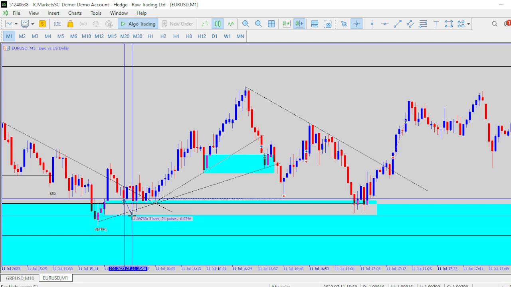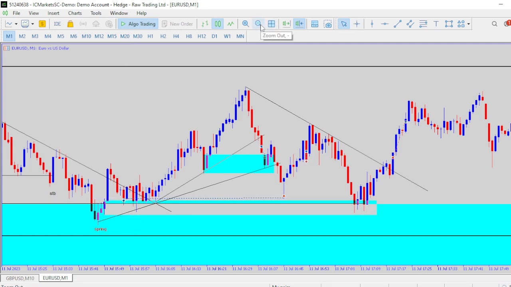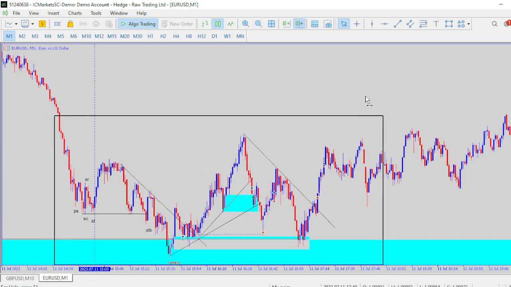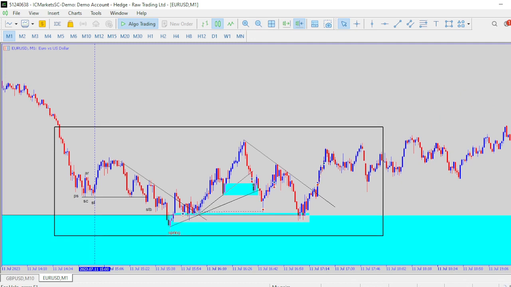I remember I had a 2.1 pip stop loss. At this point, you wonder, should I break even when the price moves away from my order, or should I wait?